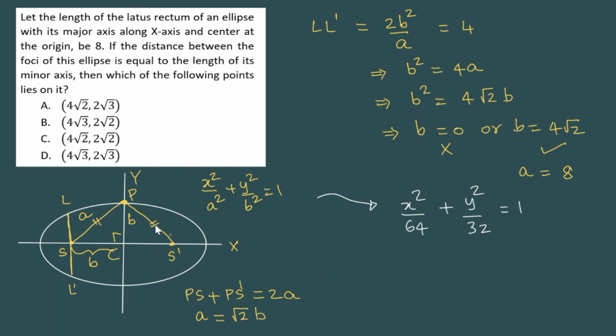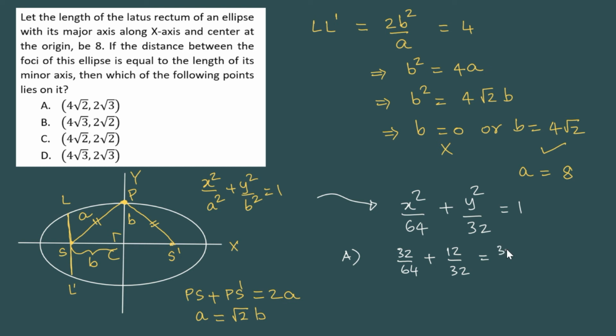Now let us check the points one by one. Suppose I am checking if the first coordinate lies on the ellipse, I'll just substitute the values here and see if the left hand side is equal to 1. If I substitute the x coordinate 4 root 2 square, that is 16 into 2, so 32 by 64, plus y square, so 4 and then root 3 square is 3, so 4 into 3, that is 12 by 32.